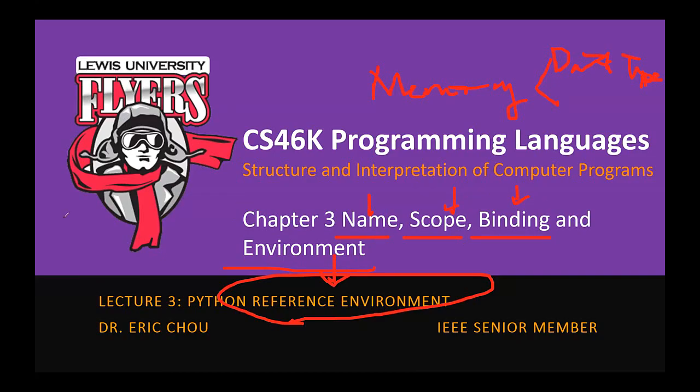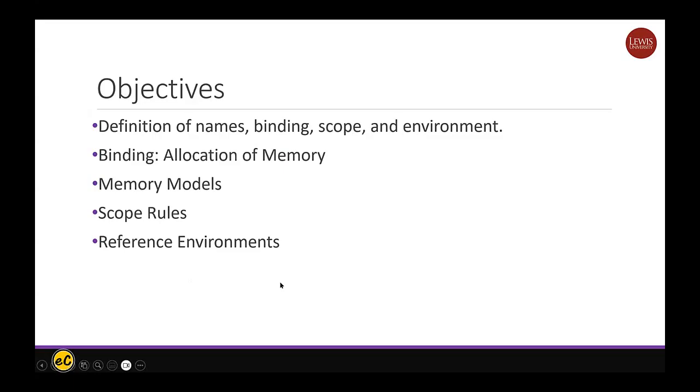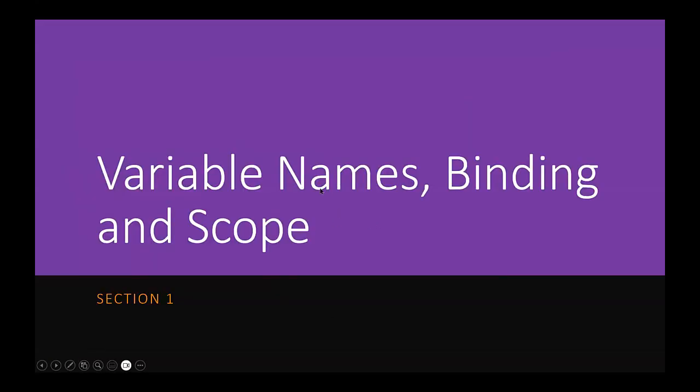These are different terminology you must know when you learn a new language. We will talk about the definitions of names, binding, scope, and reference environments, and then each of the binding memory models, scope, and reference environment topics. For this whole chapter, you must know the definition of each of these and know examples in different languages.